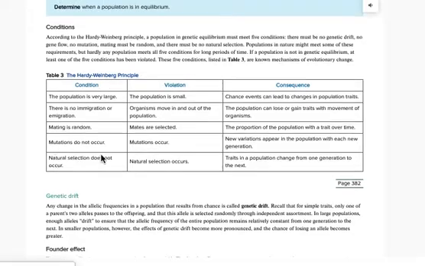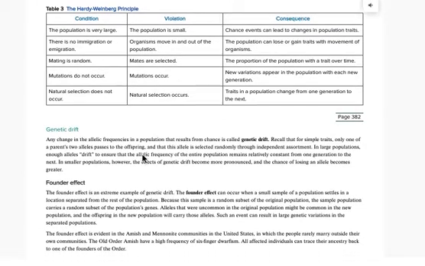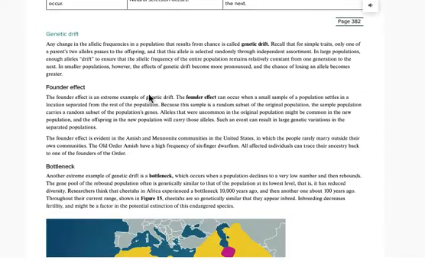Now, obviously, this basically never really happens. So it's important to look at what causes where this went wrong to see where changes occurred. One of the ways that populations can change is because of genetic drift.